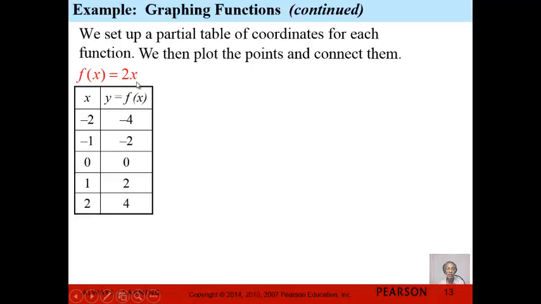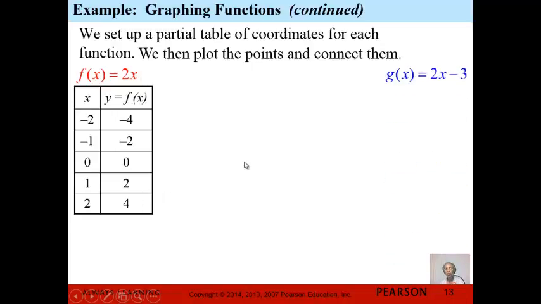So 2 times negative 2 is negative 4. 2 times negative 1 is negative 2. 2 times 0 is 0. When x is 1, we get a y of 2 times 1, which is 2. When x is 2, our y is 2 times 2, which is 4.